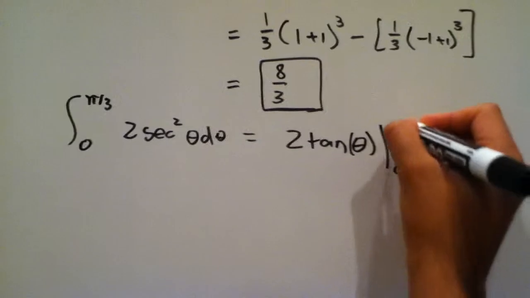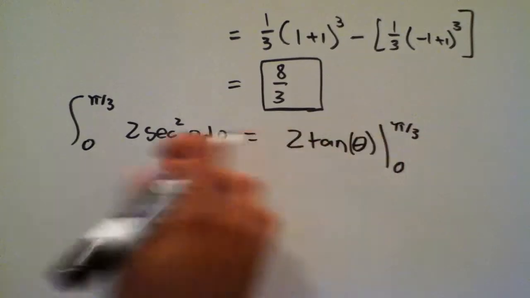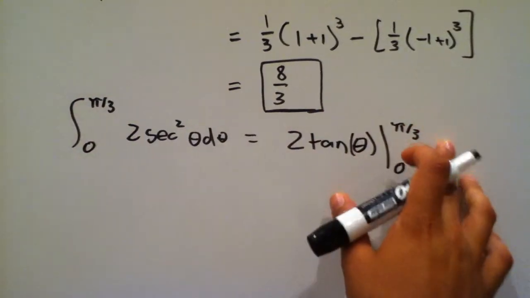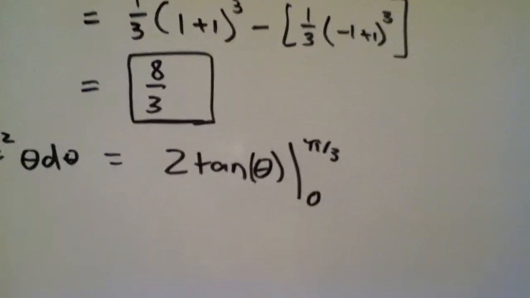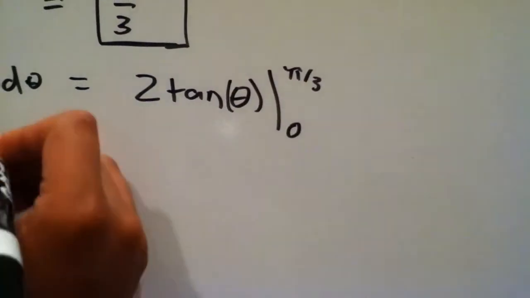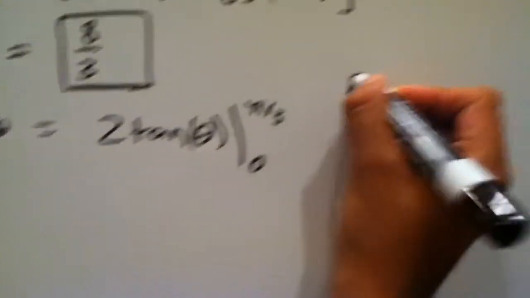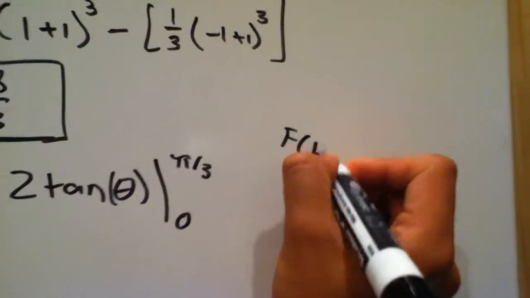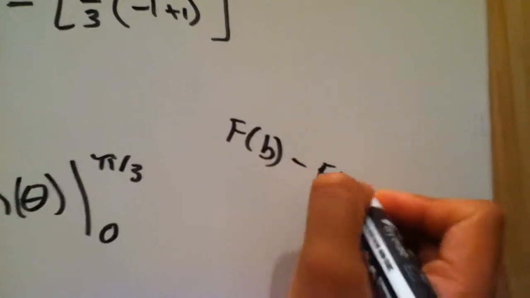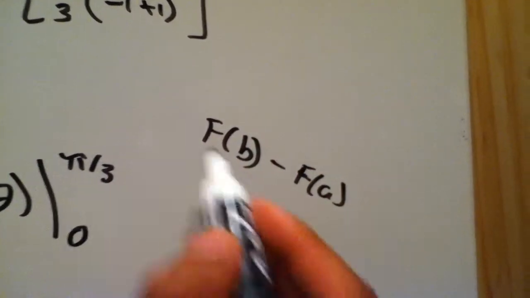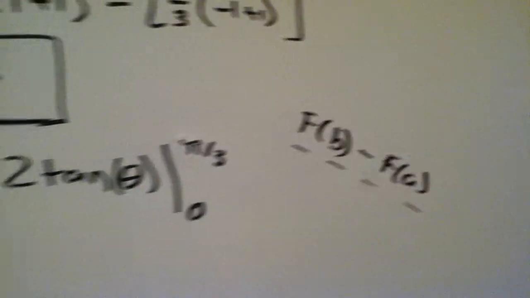from 0 to pi/3. So this is b, and that's a, and then you have to subtract. Again, remember it's the capital F, which is the antiderivative, at b minus at a. So this is just a reminder of what we're actually doing.